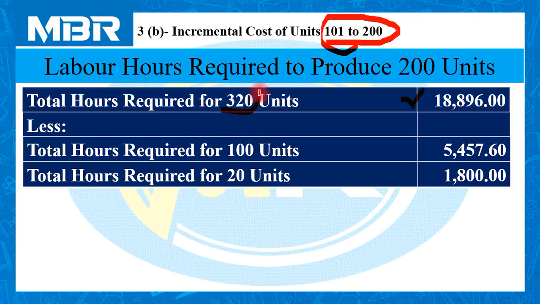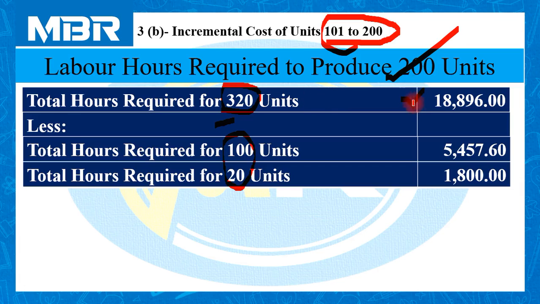It is very simple to understand that 320 minus 120 equals 200. So using this theory, in any question of learning curve, we need to calculate labor hours for any odd number of production units that is not covered in our calculations.